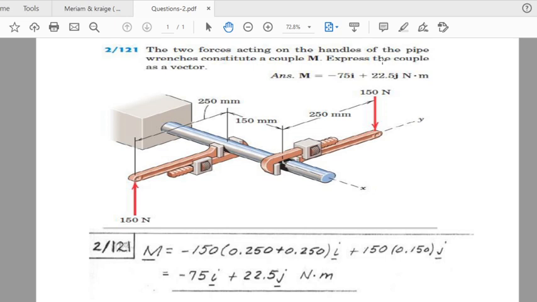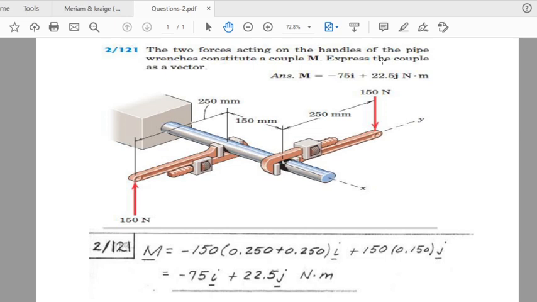So you can take the cross product of this position vector with the downward force, and the downward force is minus 150k. The positive z-axis is going to be upward according to the x and y directions which are shown to us. The positive direction is in accordance with the right hand rule.